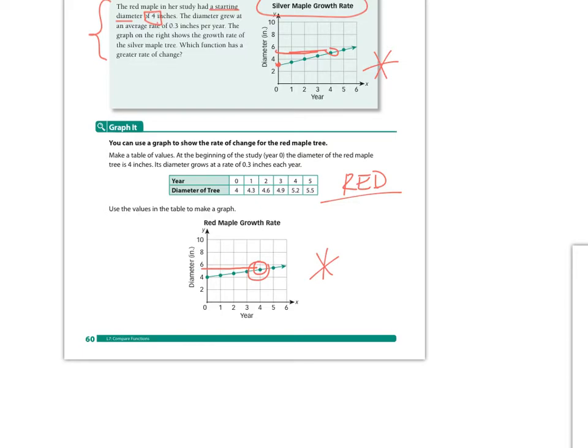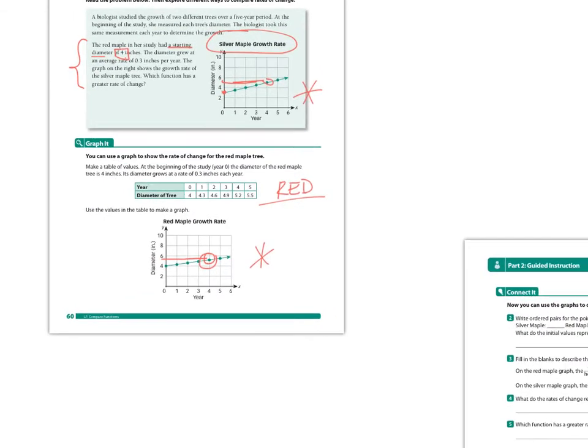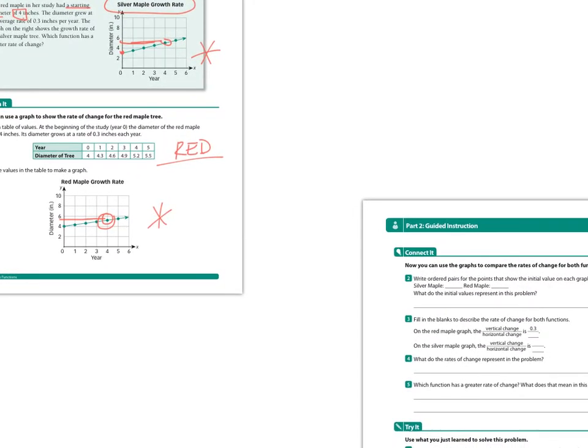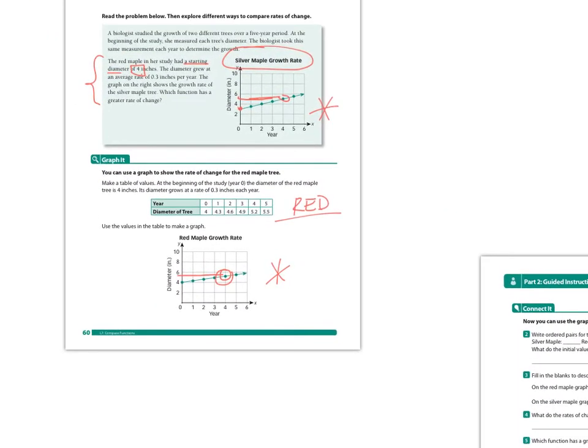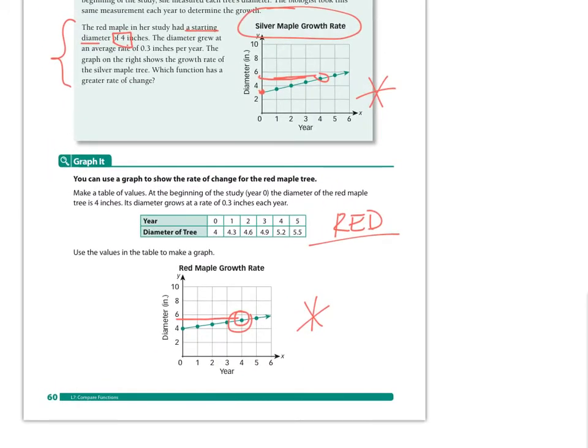So that doesn't help me. What I need to do is figure out slope for these two. So if you guys want to pause this and try that, you can. If not, we're gonna make that calculation here in just a second. You know what? Actually, we're gonna do that now. Yeah, let's do that now.